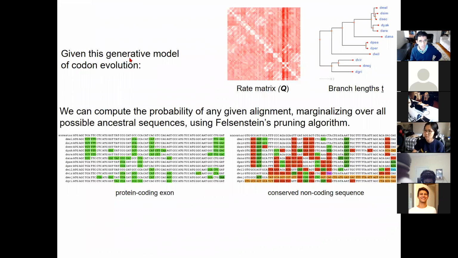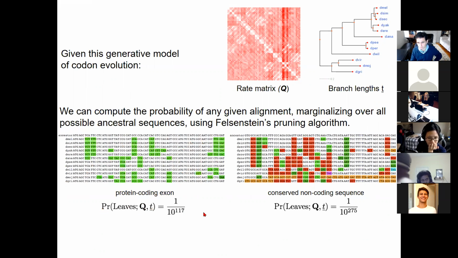So we can now use this generative model of codon evolution to compute the probability of a given alignment, marginalizing over all possible ancestral sequences using the Felsenstein pruning algorithm that we're going to see next week. So given a protein coding alignment, the probability of observing the leaves across all of these codons multiplied with each other, given the time elapsed, is 1 over 10 to the 117.